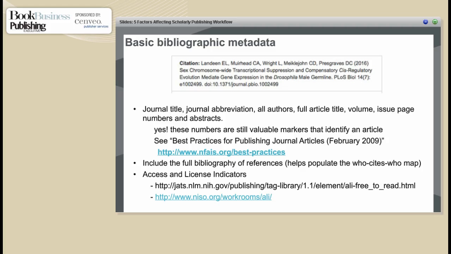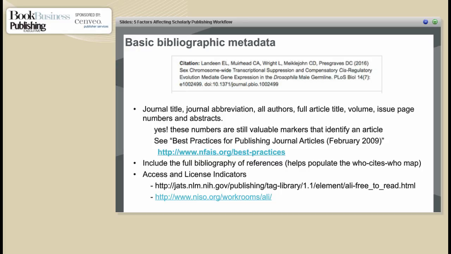You'll see there in the box a citation, and this is a fairly typical citation style. I pulled this right off of the PLOS website. This is an online journal, presented in an online fashion. But you can see that the citation is still kind of old-fashioned in that the author names have their initials listed instead of their full names. The journal is abbreviated, PLOS Bio instead of biology.